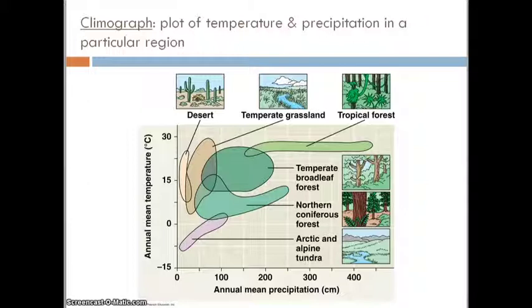Because it's scientific, we use Celsius for temperature and centimeters to measure rainfall. These rounded regions of the graph represent different kinds of biomes: tropical forest, temperate grassland, desert, temperate broadleaf forest, northern coniferous forest, and then the Arctic and tundra right here.